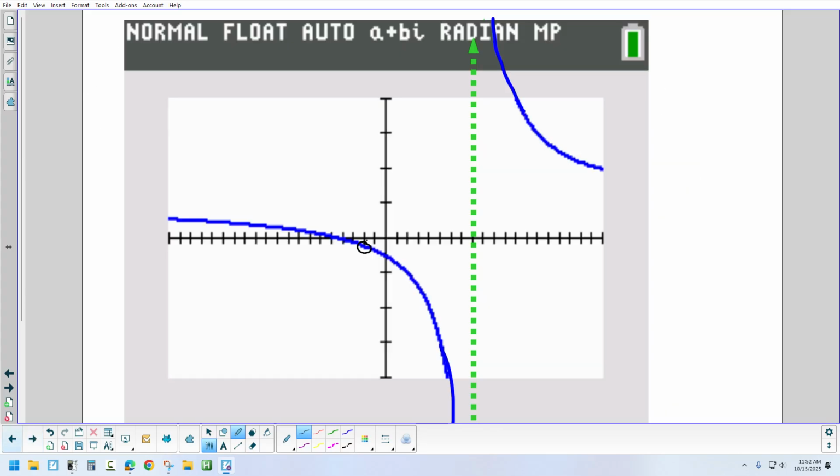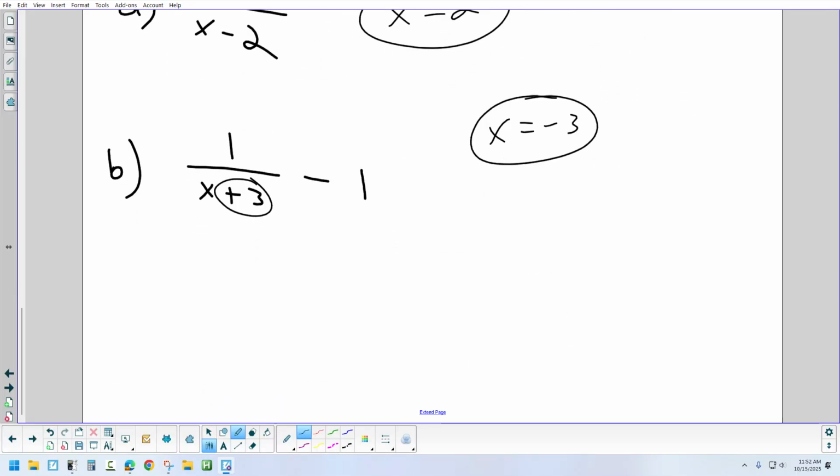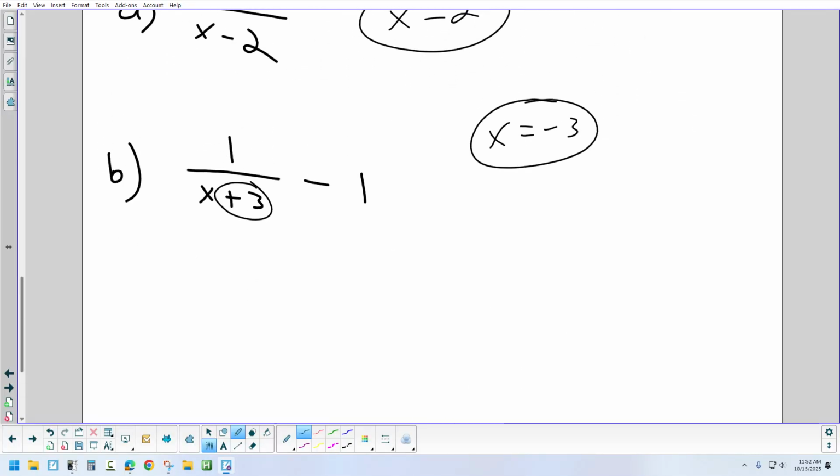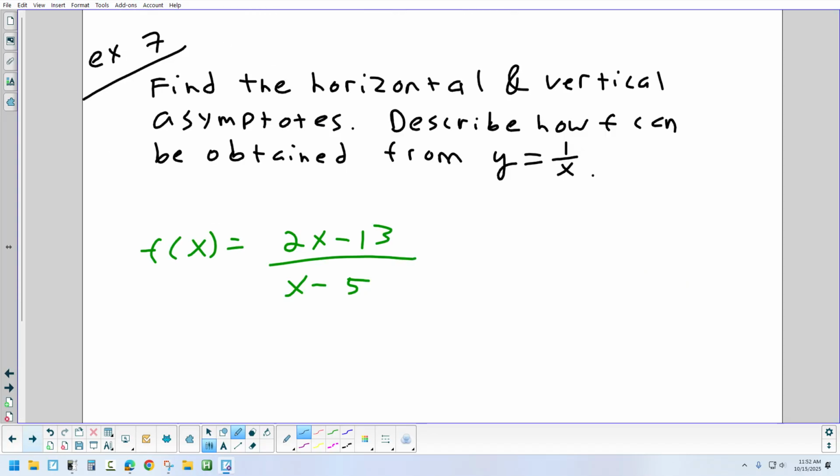So let's talk about the transformations. First of all, to describe transformations, it has to be in this format. Okay? Something like this, that's not as easy to describe transformations. It's not set up the right way.